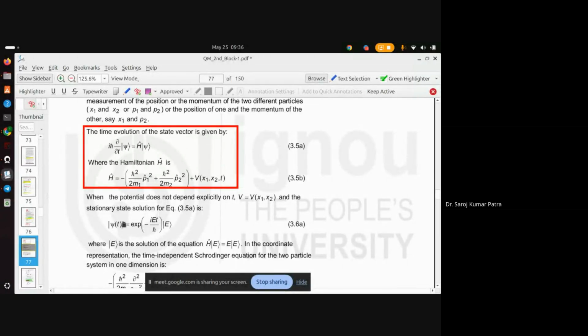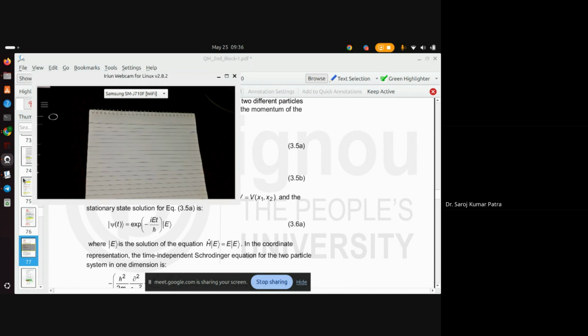In equation 3.6, |E> is the eigenstate of H. H psi is equal to E psi is the time independent Schrodinger equation which you will be solving, where you take p square by 2m, or minus h-bar square by 2m. I don't know how far it has been taught in quantum 1.